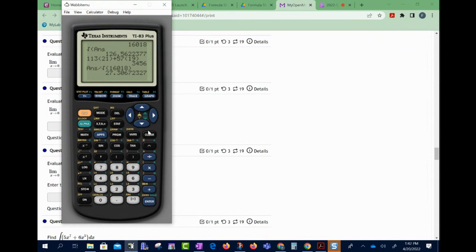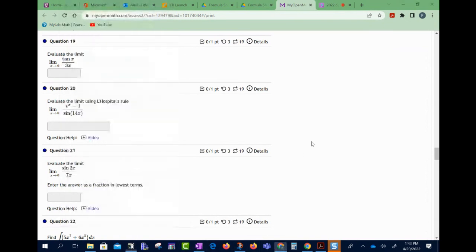How would you do secant of 0? On my calculator, you can see I don't have a secant button, but I know that secant is 1 divided by cosine. So 1 divided by the cosine of 0 is 1. Squared, still 1. 1 divided by 3, the derivative of 3x, is just 1/3, right?